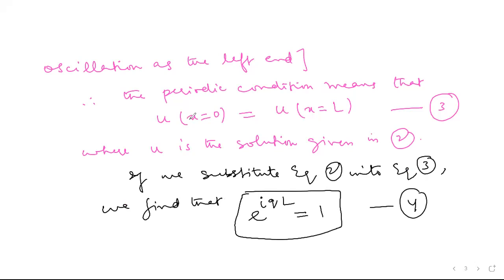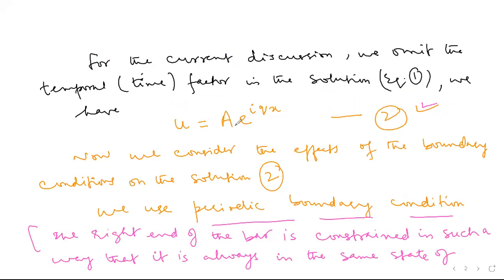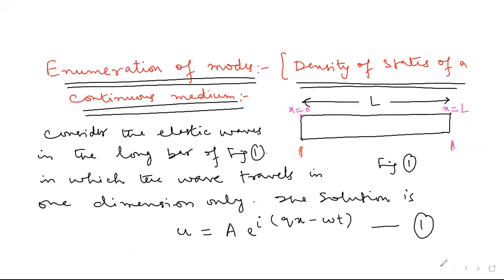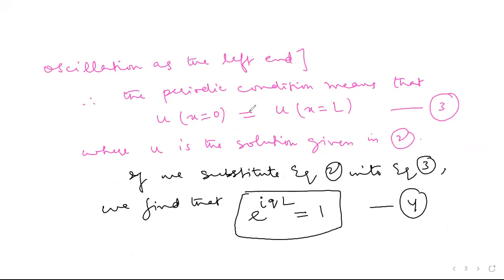You are writing u of x at 0 and equating that to u of x at L, where u is given by equation 2. So you are writing u of 0, meaning you are putting x equal to 0. When you do that, e raised to the power 0 is 1, you will get a. So your left hand side will be a.